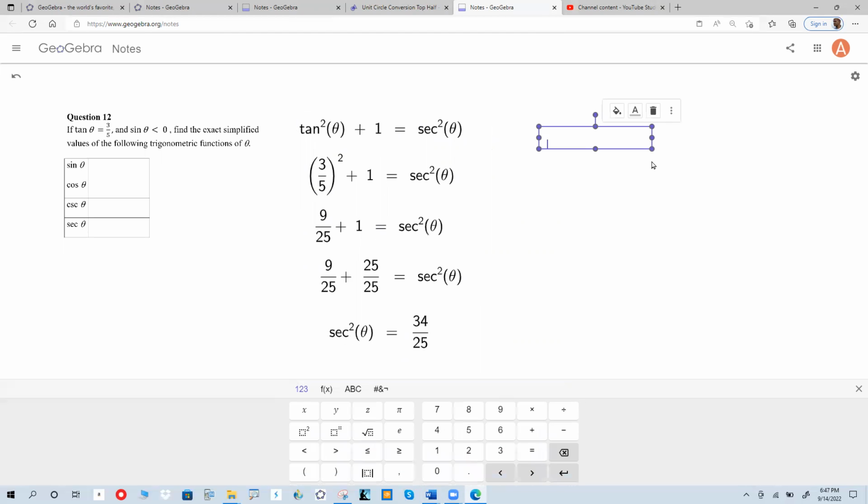We take the square root of both sides, and I want to make sure I have plus minus here.